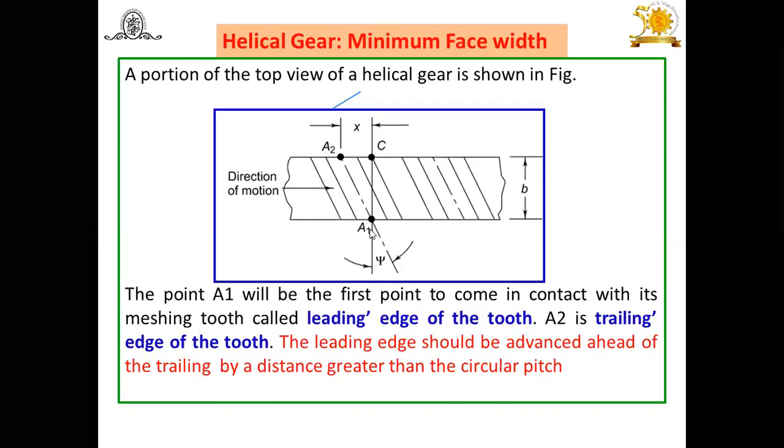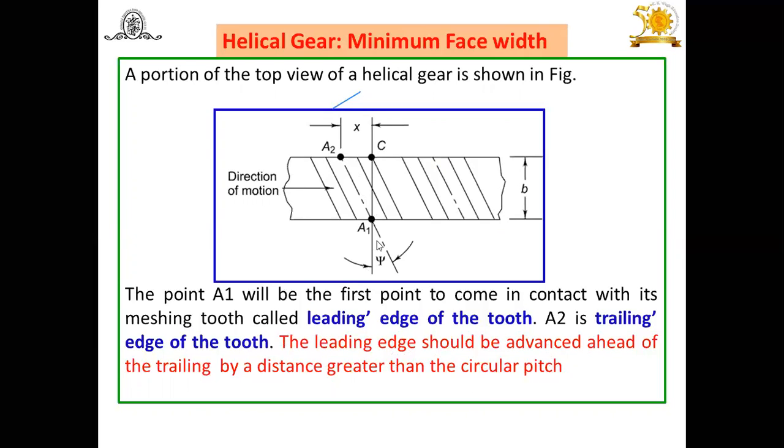That means when another tooth comes in contact with the meshing gear, the leading edge should be advanced ahead of the trailing edge by a distance greater than the circular pitch. You know that the tooth is inclined by helix angle psi, and based on that we have to consider this, and it should be greater than the circular pitch.